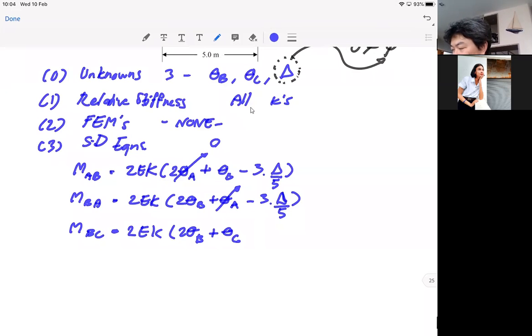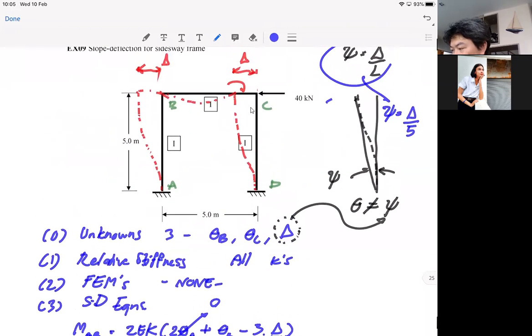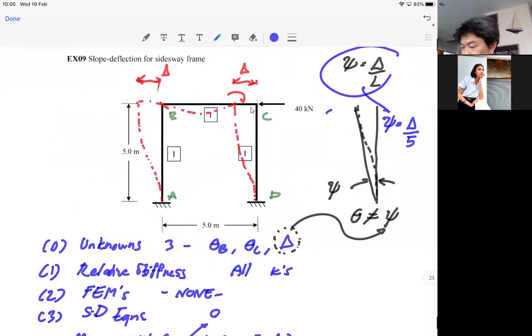But look at your frame now. You know, the sway occurs in the lateral direction like this. And you can see that the members that rotate, in this case there are two of them, which are member AB and member CD. You can see that we have the psi in this direction, correct?